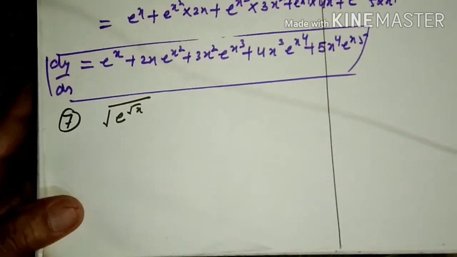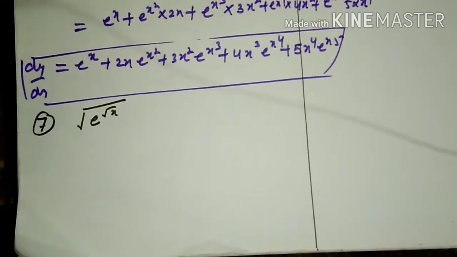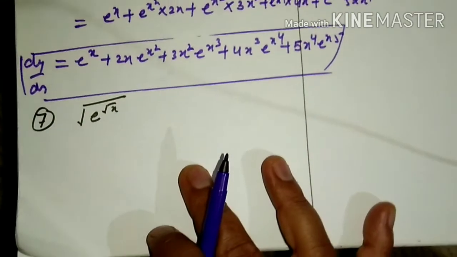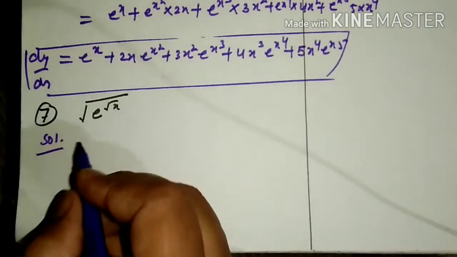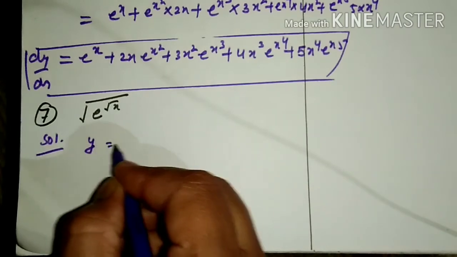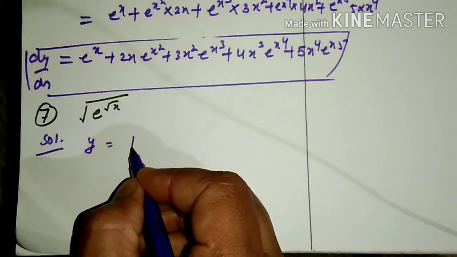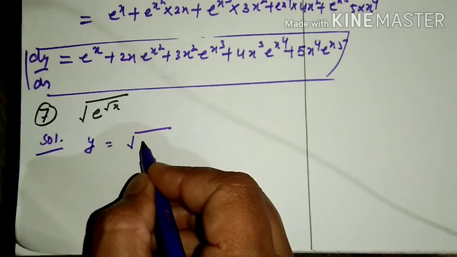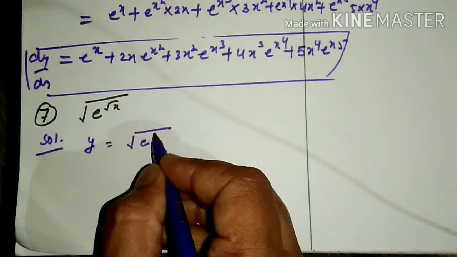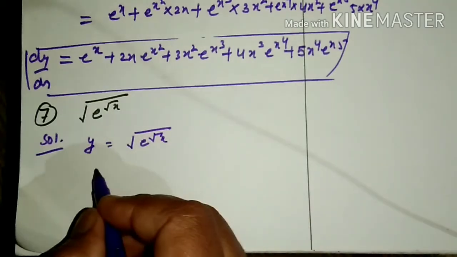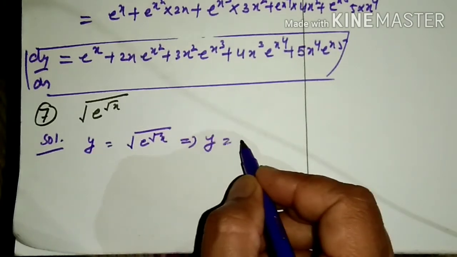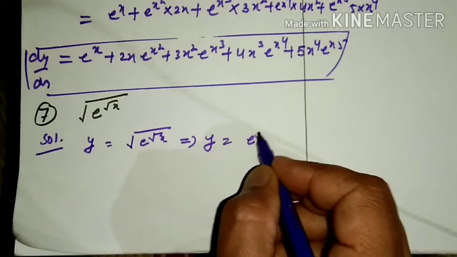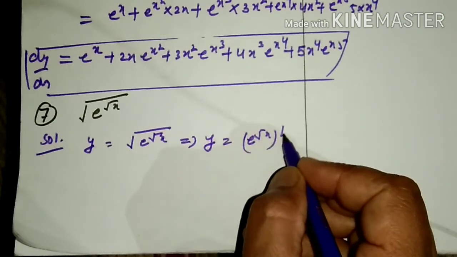Now e to the power x cube, e to the power under root x. Okay. Solution of this, we can write it as y is equal to under root e to the power root x, or further we can write it as y is equal to e to the power root x to the power 1 upon 2.